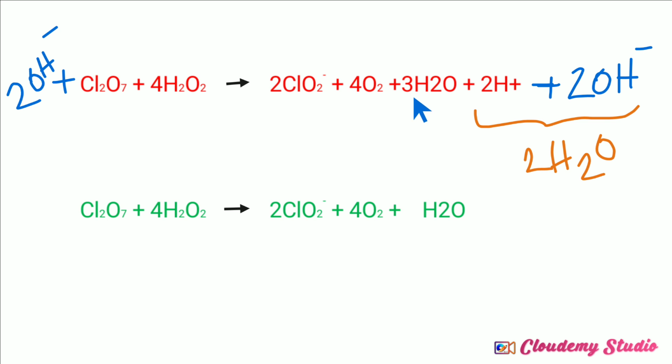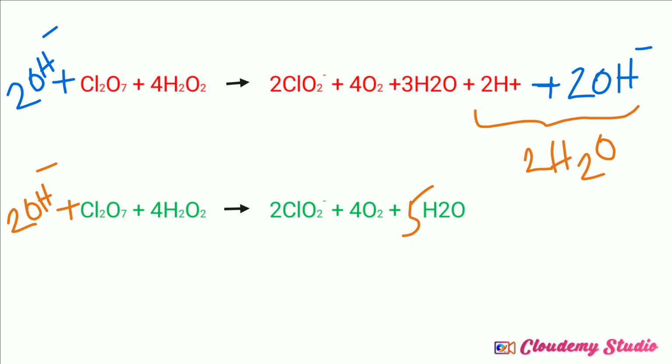So the number of moles of water will become 5 moles of water. And this 2 OH minus also we need to write here, plus 2 moles of OH minus ions.